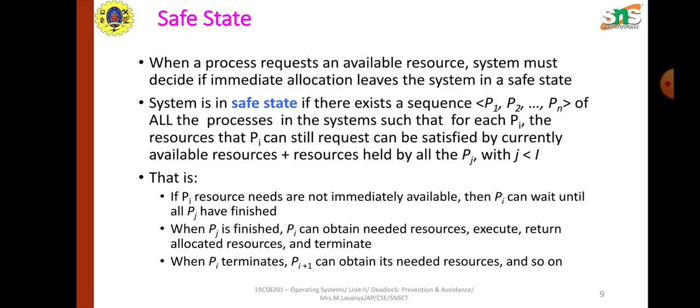When Pj is finished, the process Pi can obtain the needed resource and execute, and after execution it can return the allocated resource and Pi terminates. When Pi terminates, the next process in the queue can obtain the resource after requesting it and it will get allocated. After utilization it will release the resource and terminate, and this process goes on.